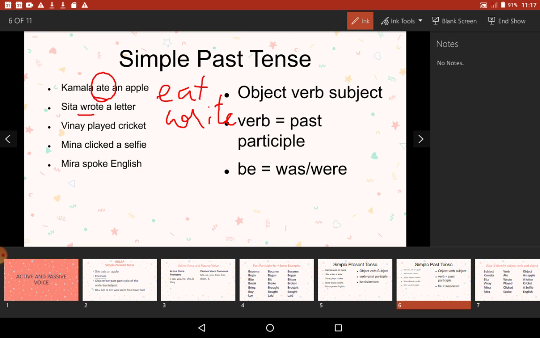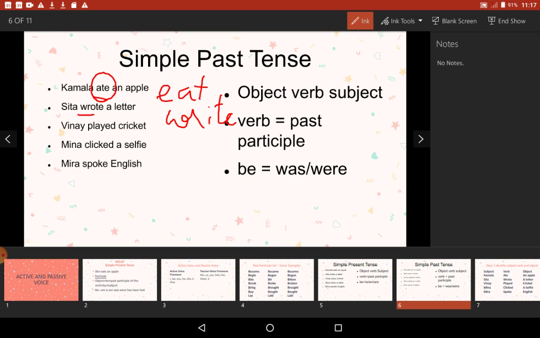So, in order to change them to passive form, what do we do? We use the same method as we did in simple present tense active voice. We identify subject, verb and object. We know it already. Kamala is the subject, ate is the verb, and an apple is object.